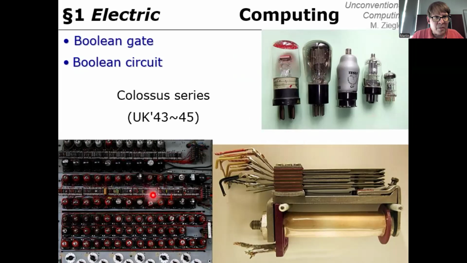And here you see the Colossus series, built in the United Kingdom 1943 to 1945. This is the Second World War time, the time where the Second World War was decided. And this Colossus series was used to break the code of the German military.